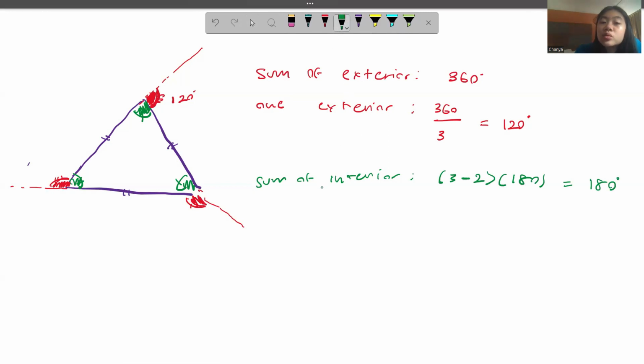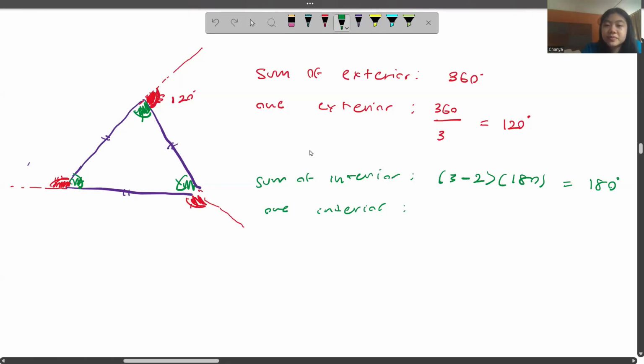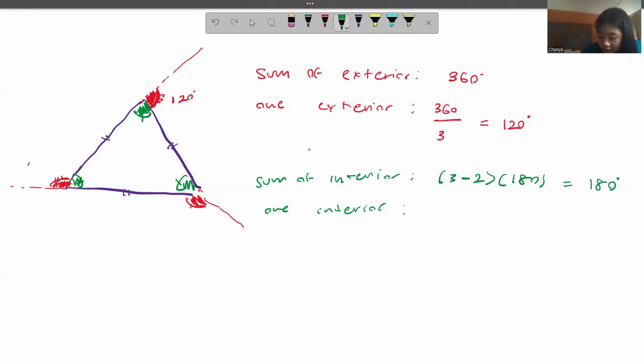And then to find just one interior angle, you can take the sum of the interior angles and divide it by the number of sides. So for instance, that would just be 180 over 3, which is 60 degrees for one interior angle. Let me write the process. So 180 degrees over 3 is equal to 60 degrees.